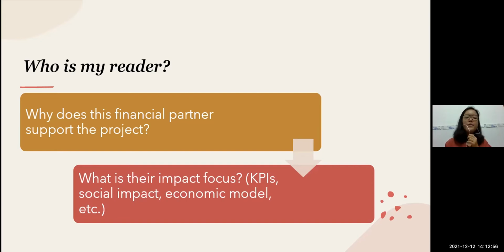Some others will pay more attention to the social impact of your project or activity, meaning does your activity or project help them alleviate poverty? Does it help bring education to disadvantaged communities? Does it improve their general health, and so on?